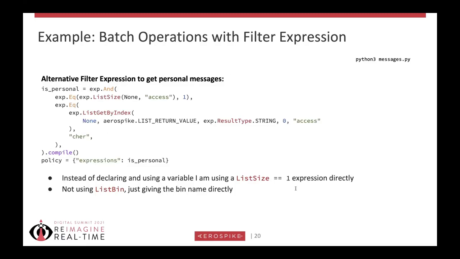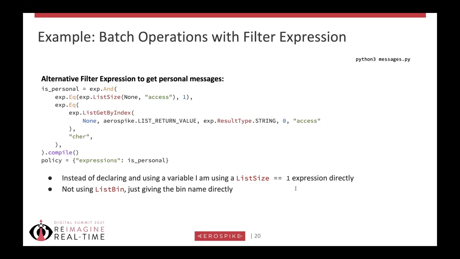So now we're going to use an alternative filter expression to get personal messages. The reason I'm doing this is, like I said before, the real reason to use a let is to save on pretty expensive calculations being repeated. Getting a list size is actually very lightweight. It's a bit of metadata for the list that does not require any kind of heavy lifting. So we're just going to replace the let with direct access.